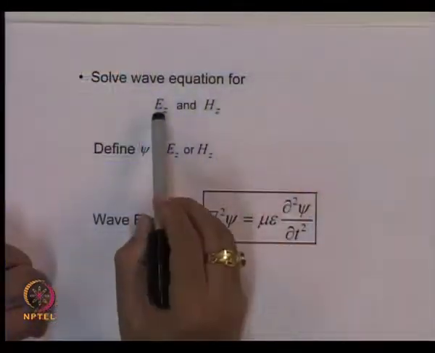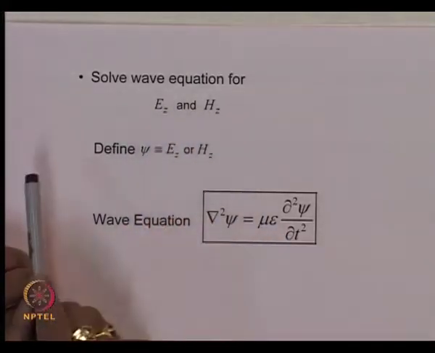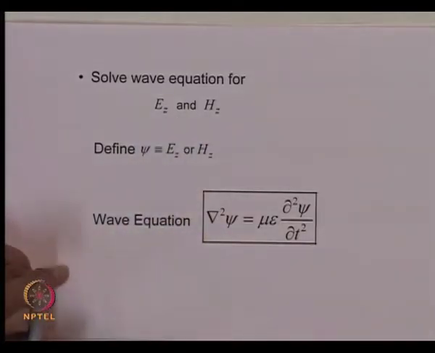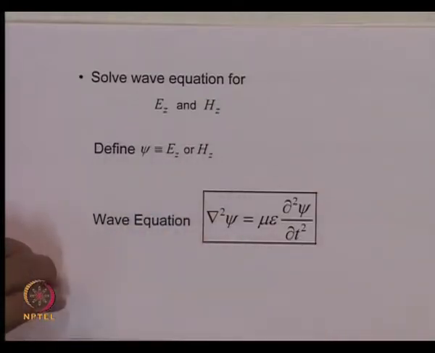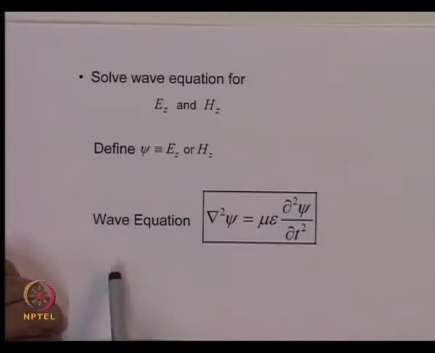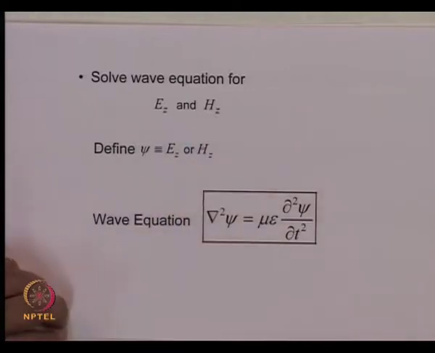Since for solving Ez and Hz, these quantities are scalar quantities in only one component, either Ez or Hz, let us define some quantity psi which can denote either Ez or Hz. So, what we are saying is that we have to solve the wave equation, which is scalar in nature, of this type, where psi can represent either Ez or Hz.